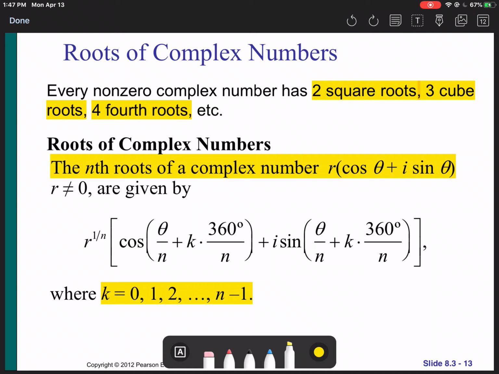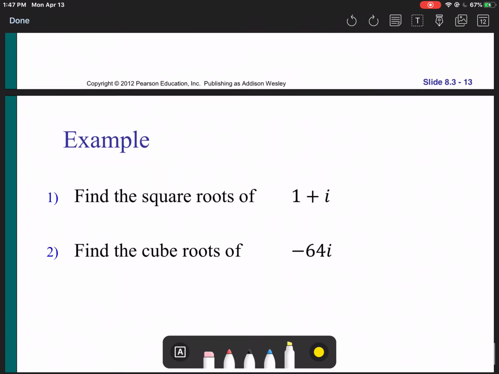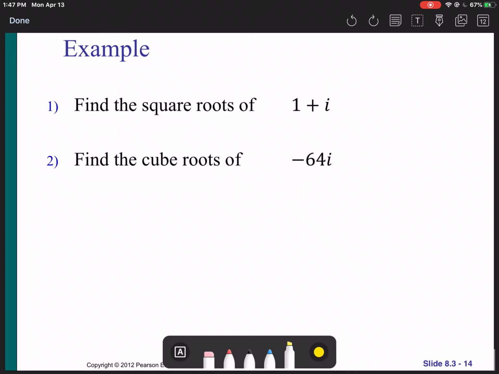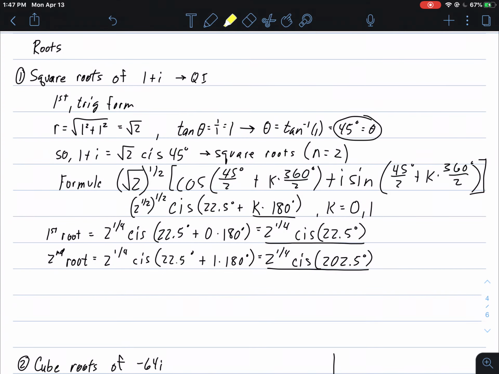But again, it's a formula. The only thing that changes is k. The n is going to be fixed once we're told what our root is. The rest of it is just plugging in different k values. So even though it's a little fancier formula, it's not a difficult formula. Like we always say with formulas, as long as you know the formula, it's an easy formula to use.